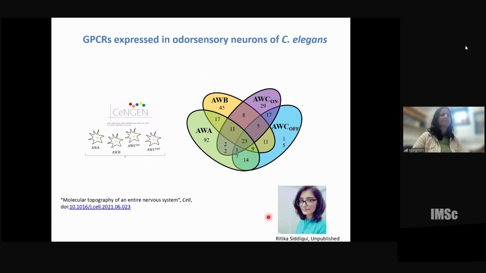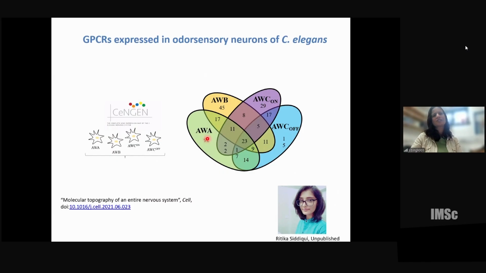But using this data, Ritika, who was just joining the lab then and she's ready to graduate now, was able to look at this data and say, these are the receptors which are expressed either in this, or this neuron. And there were some which are expressed in all of them. But it was very interesting to see that there were some G protein coupled receptors expressed only in this neuron.